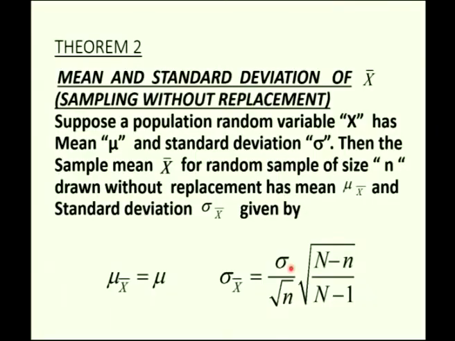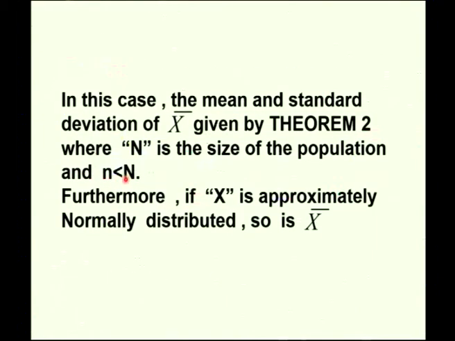Here actually, since the samples are drawn without replacement, the population size becomes lesser, in the sense the population is becoming finite, and hence we calculate the standard deviation, that is the standard error of sample mean, as sigma by root n into root of (capital N minus small n) by (N minus 1), where capital N stands for the population size and n is less than capital N. In this case, the mean and standard deviation of x bar are given by theorem 2, where small n is the sample size and capital N is the population size; always the sample size should be lesser than the population size.